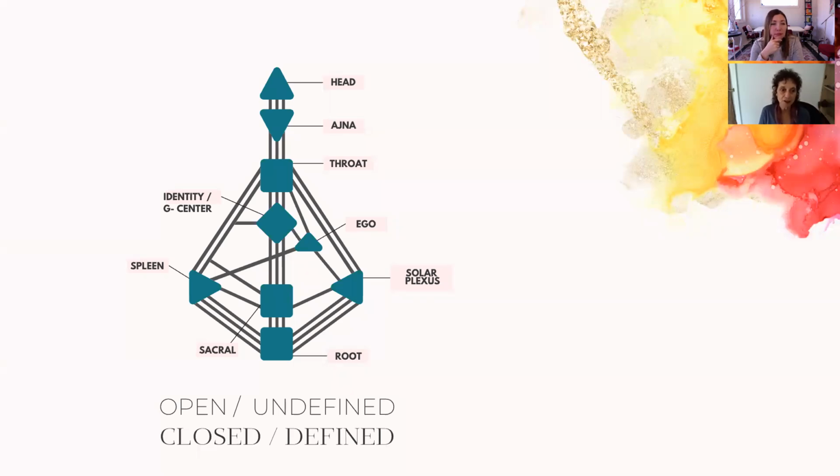The spleen is also the intuitive or the instinct. So try not to get so locked into the word that's here, because some of them have more than one word that describes what that center does. They all have a biological function and way more. Each center has a function, and we're going to go into each one of these through this series.